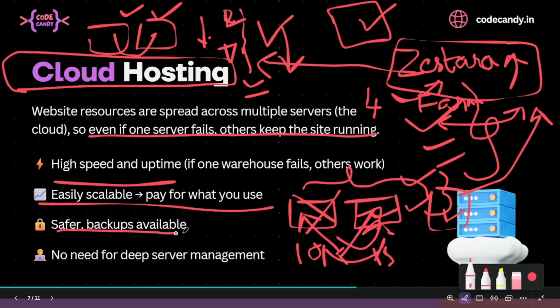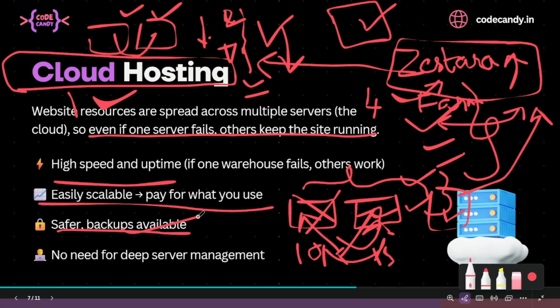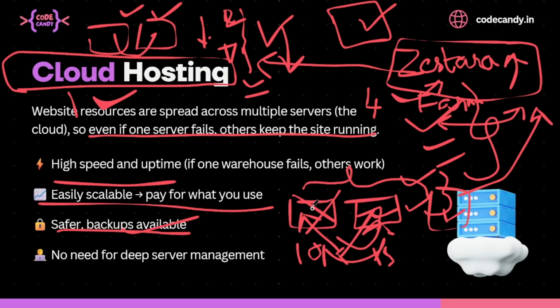I don't need to pay for all the server maintenance. Here it is safer because backups are available. In a physical server, the IT staff maintain the backups month to month. In cloud hosting, backups are automatically done for you because you are trusting the hosting provider, and they have to maintain all the backups.